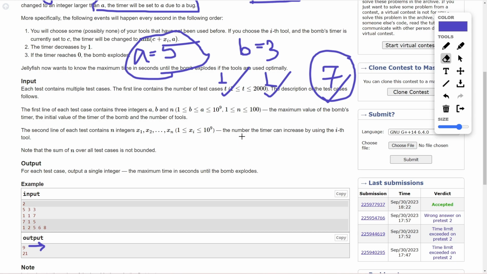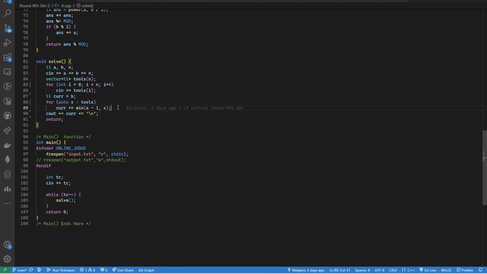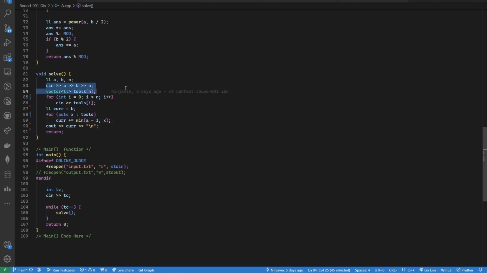So let's go through the code for it. Here I'm just taking the inputs. The current timer is set to B. Whatever we have to add to it will only come from the tools.